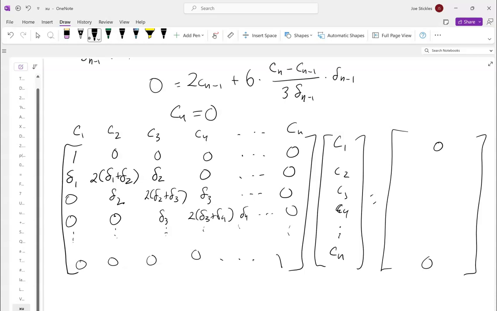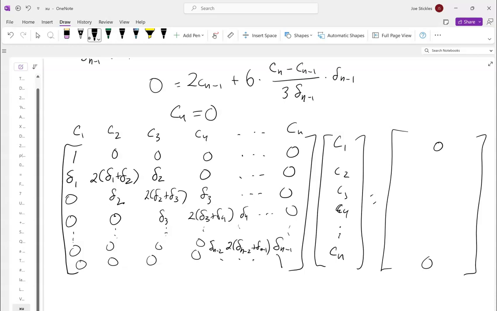Right before the last one here, I would have a delta n. If we put in n minus 2 for I, I would have an n minus 1 here for this one. The previous one would be 2 times delta n minus 2 plus delta n minus 1. And then we'd have a delta n minus 2 here. That would be the one right before the very, very last row.